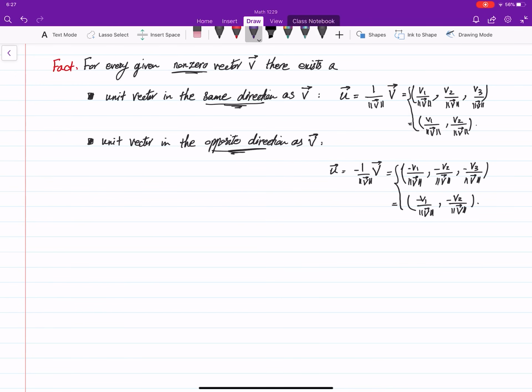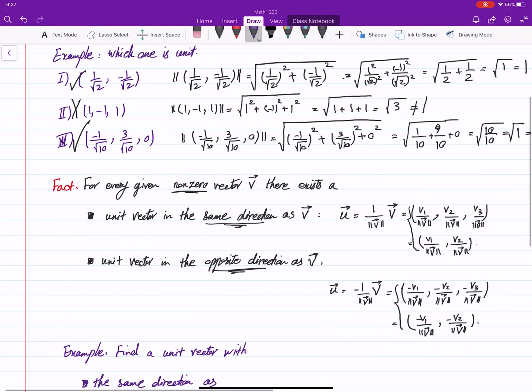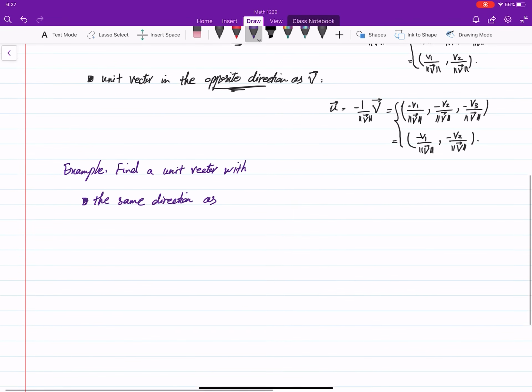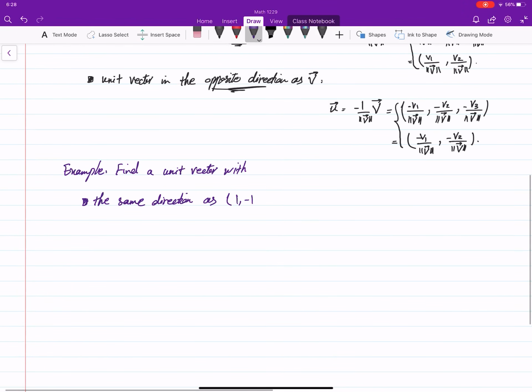Let me just do an example here before we leave. Example: find a unit vector with the same direction as the vector that we did in example 1 here, 1, negative 1, 1.